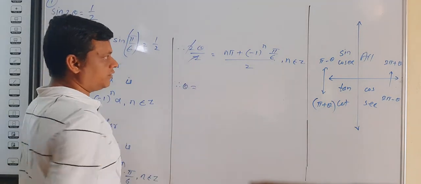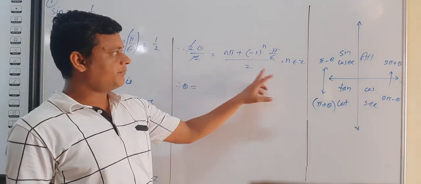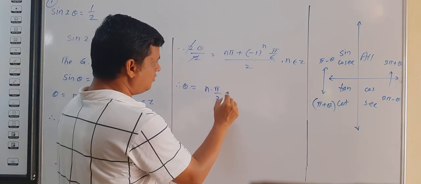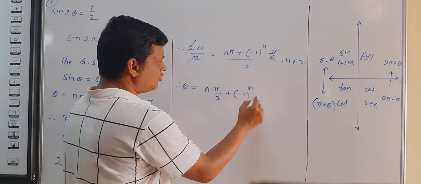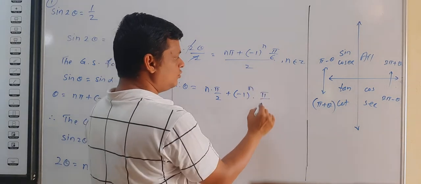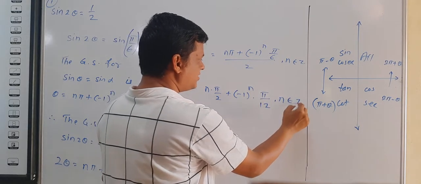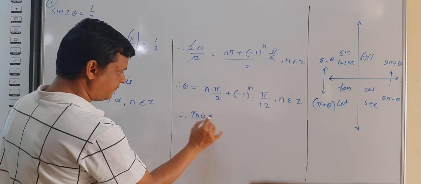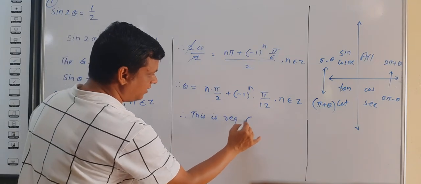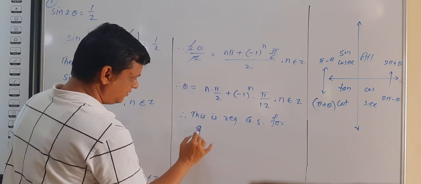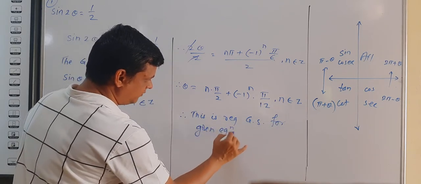Therefore theta is equal to, after separating the base, n pi by 2 plus minus 1 raised to the power n into pi by 6 into 2, that is 12, n belongs to Z. Therefore this is the required general solution for the given equation.